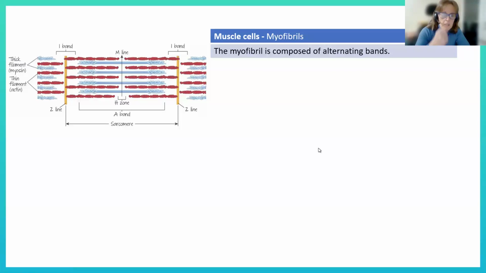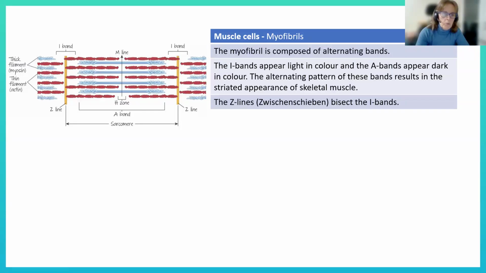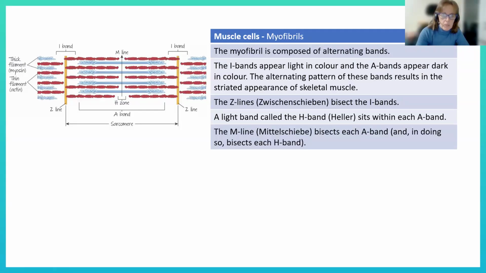So the important thing about the muscle cells is these alternating bands, alternating fibers. These bands have got different names, because they're not particularly important, to be honest. It's just what makes them stripy. But we've got the I band, the Z line, the A band, and the M band. They've all got specific names. You can tell it was a lot of German scientists working on this by the names.